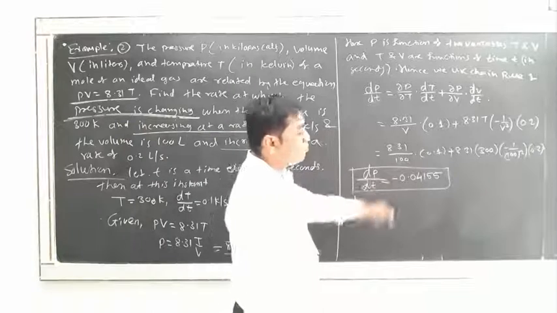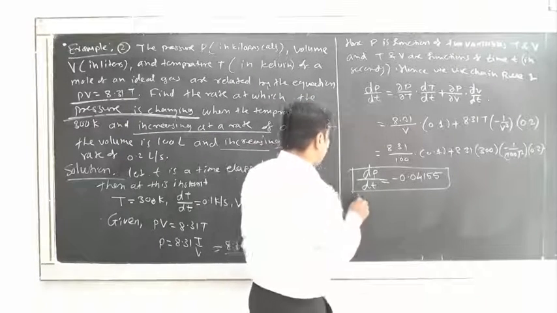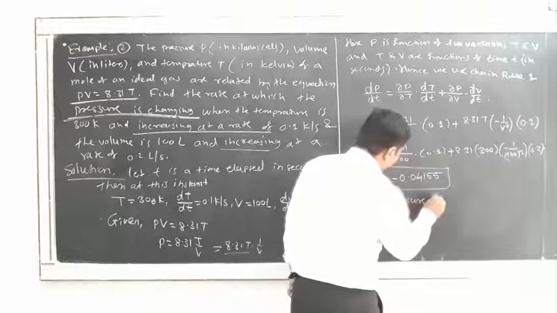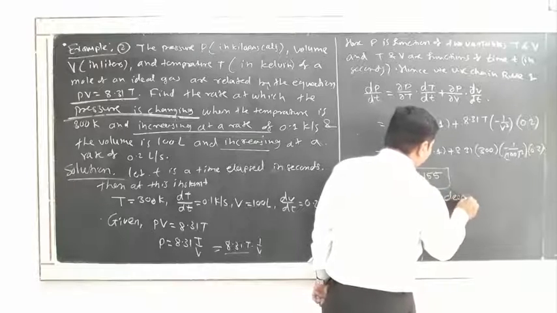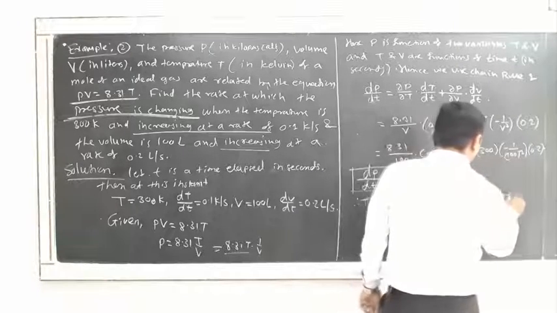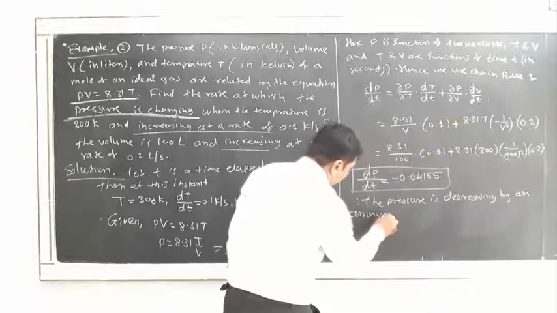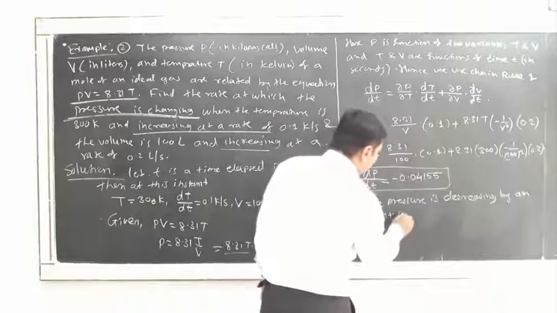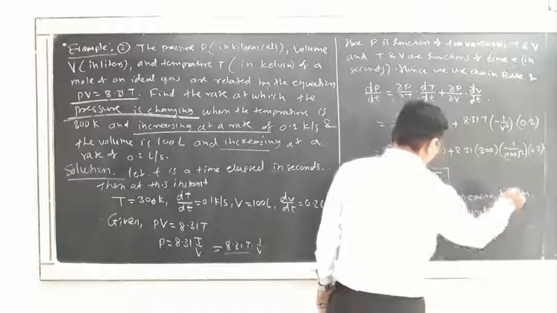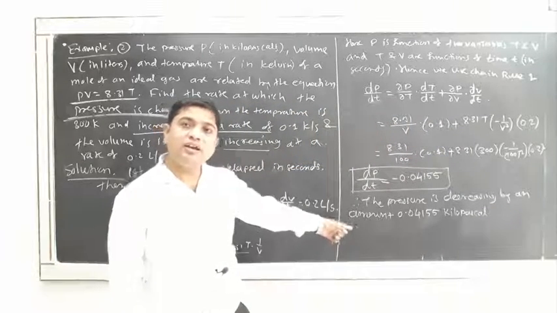Here there is a minus sign, therefore the pressure is decreasing. It is decreasing by an amount of 0.04155 kilopascal per second. Why decreasing?